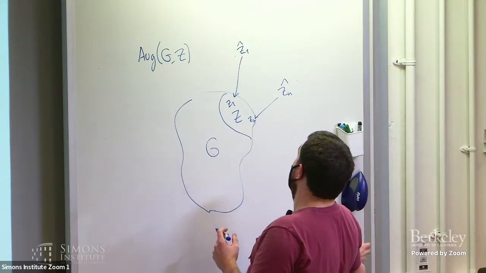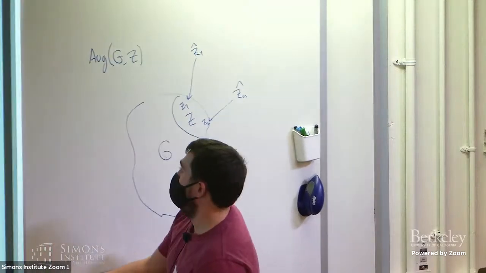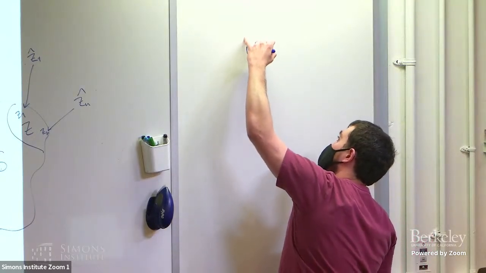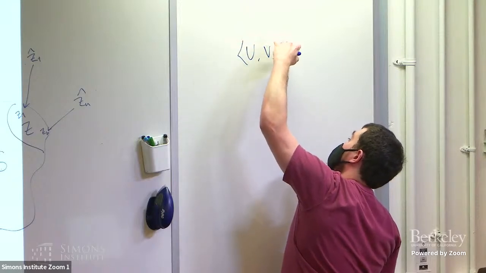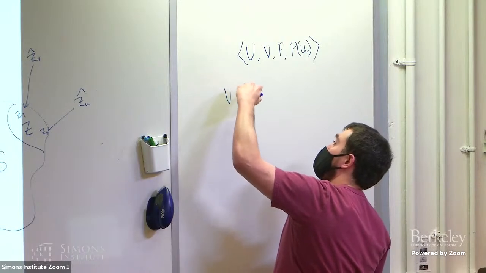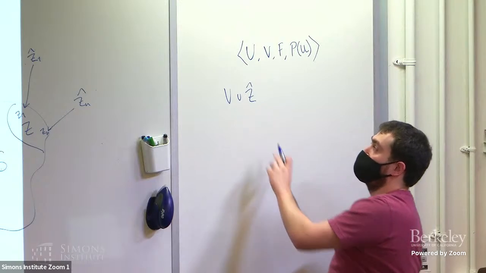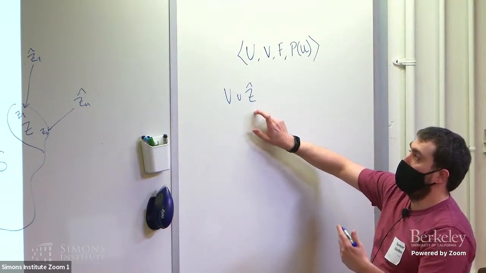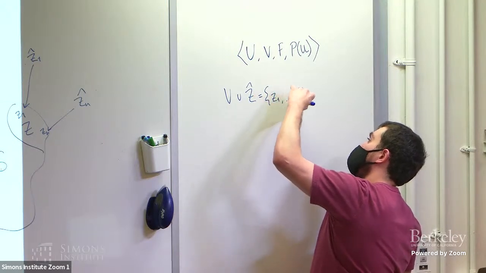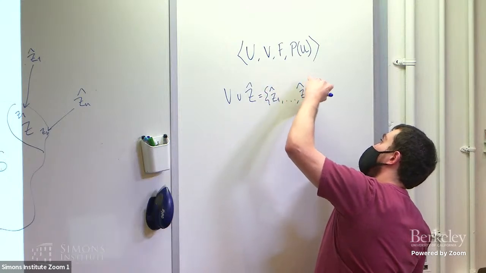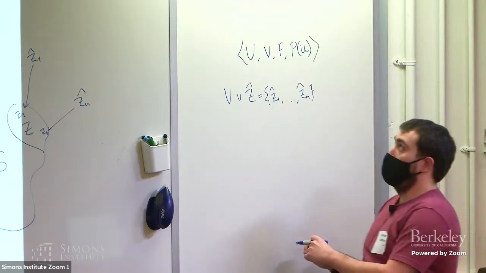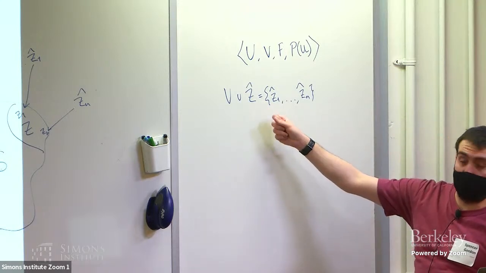So if my original model had U, V, F, and some distribution over U, my new model is going to have as vertex set V union Z hat, where Z hat is just a set of additional vertices, Zi hat for each vertex in Z. And my functions f that determine each of the variables will be unchanged except for the functions corresponding to the Z vertices.